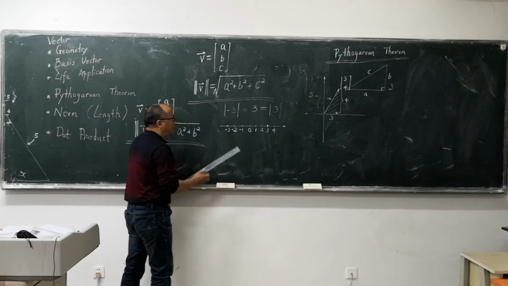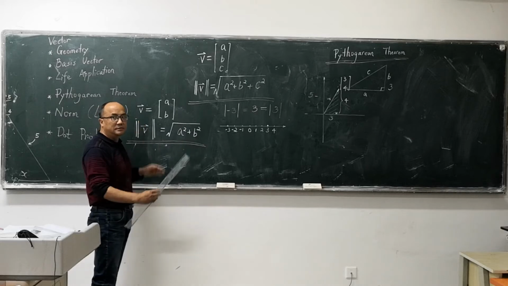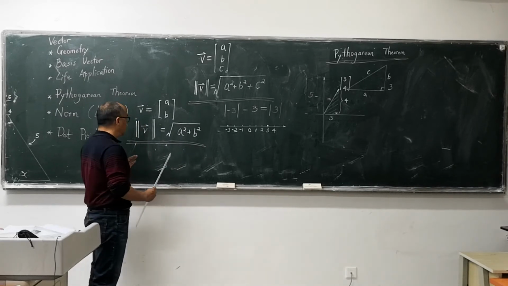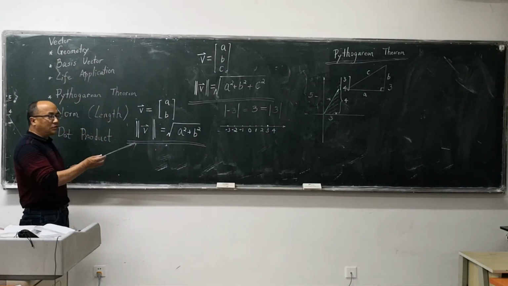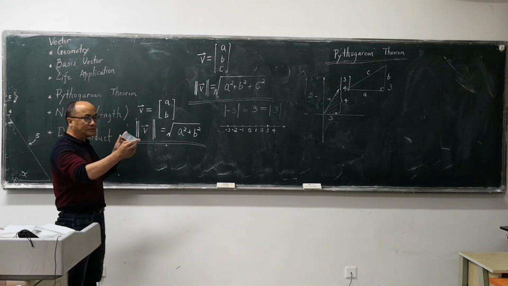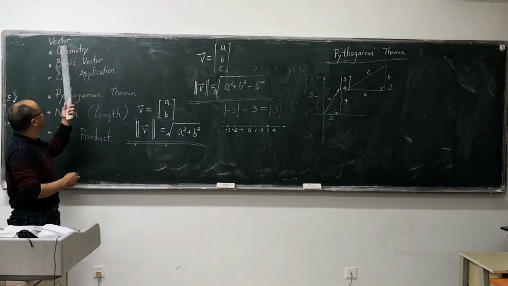Because the absolute value is talking about the distance. The norm is also talking about the distance, the length. And we are throwing away the direction.